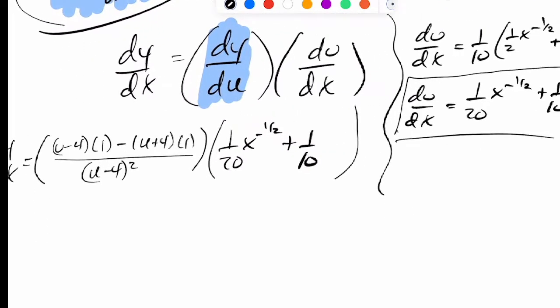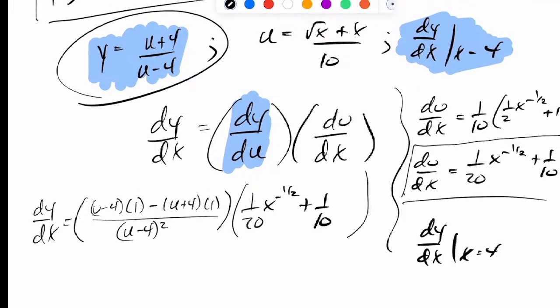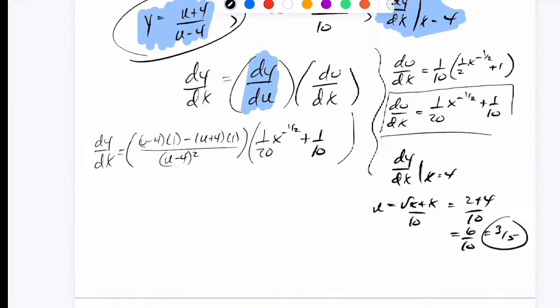So it's here. Now they want you to evaluate this. Like the question's asking for dy dx when x is 4, right? So when x is 4, you know that u is equal to the root of x plus x over 10. So this will be 2 plus 4 over 10, which is 6 over 10, right? Which is 3/5. So you can kind of sub that in to here. So u is 3/5.